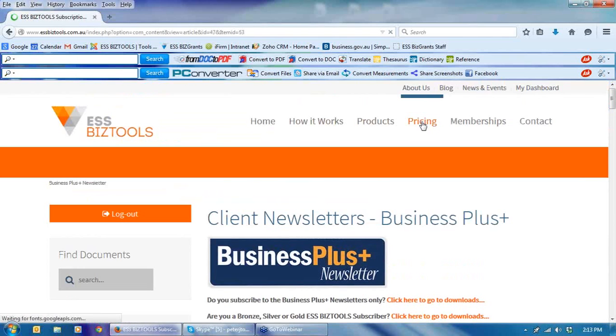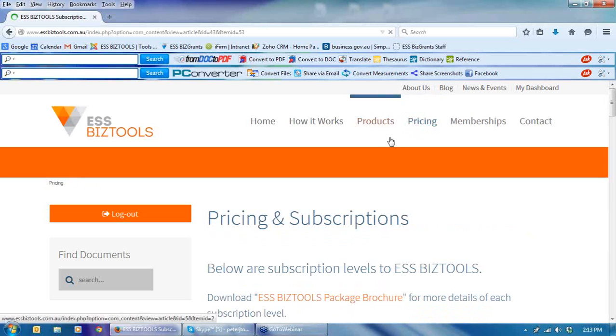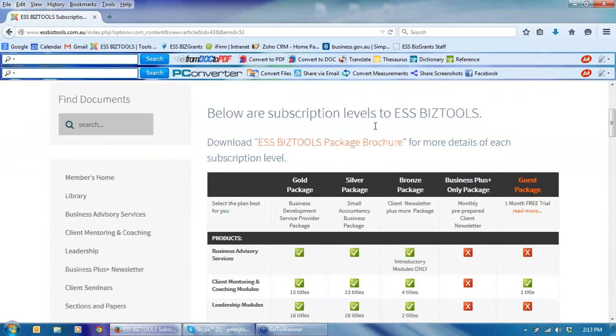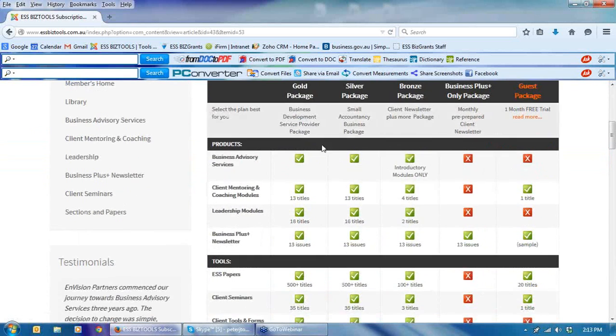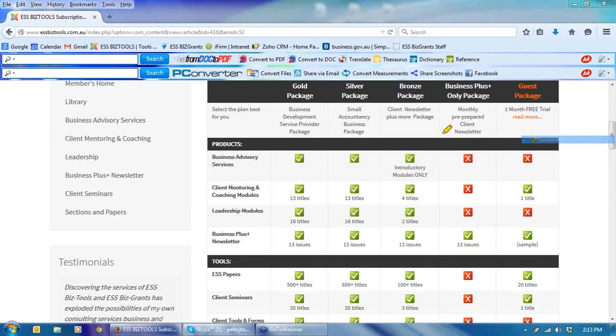The client newsletter Business Plus is included within the subscription level for the ESS BIZTOOLS Gold package. So it's included in the Gold package, it's included in the Silver package, it's included in the Bronze package.